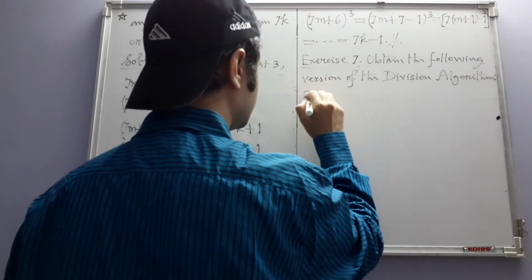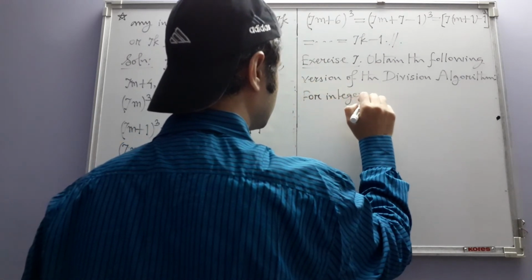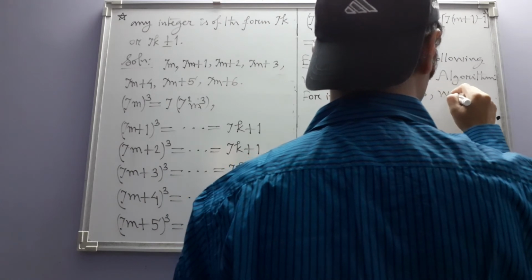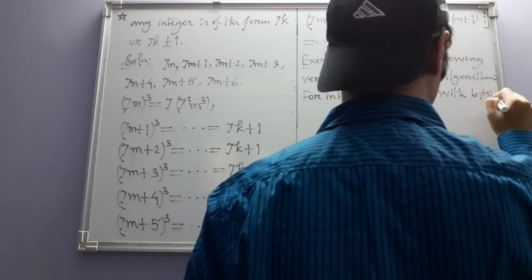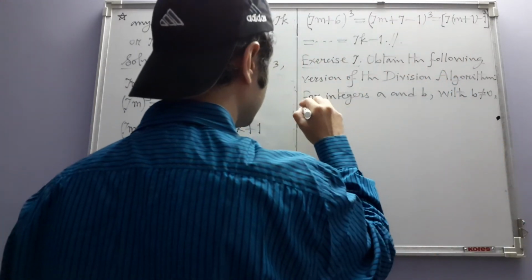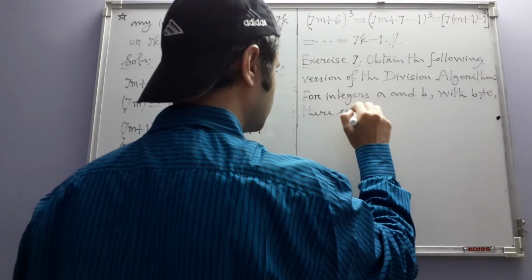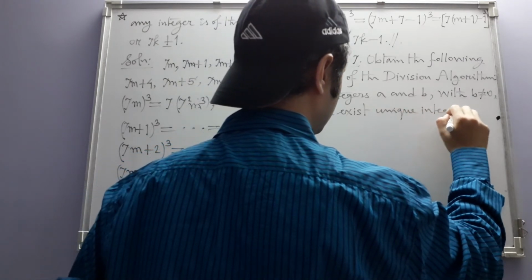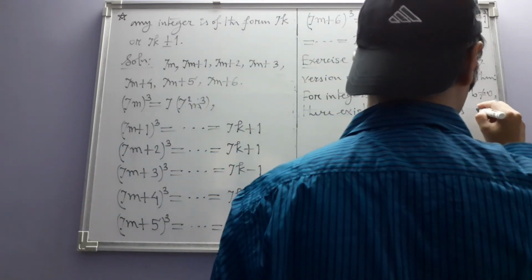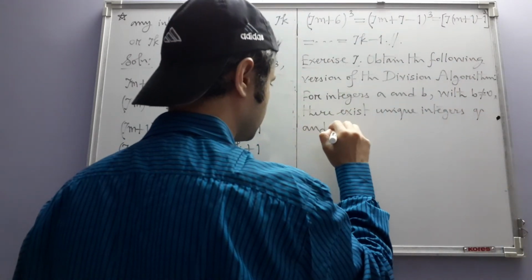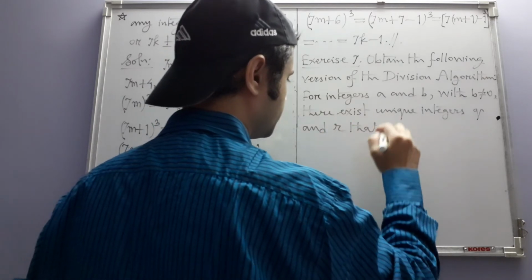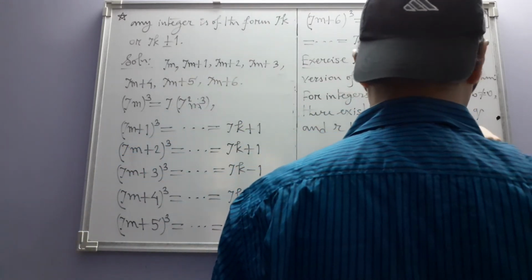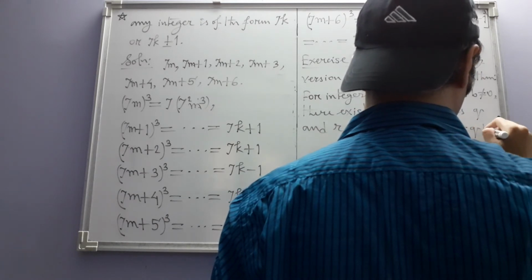For integers a and b, with b not equal to 0, there exists unique integers q and r that satisfy a equal to qb plus r.